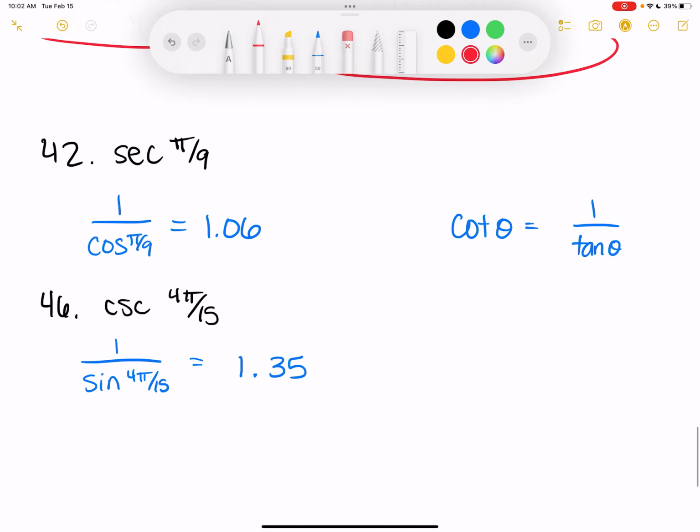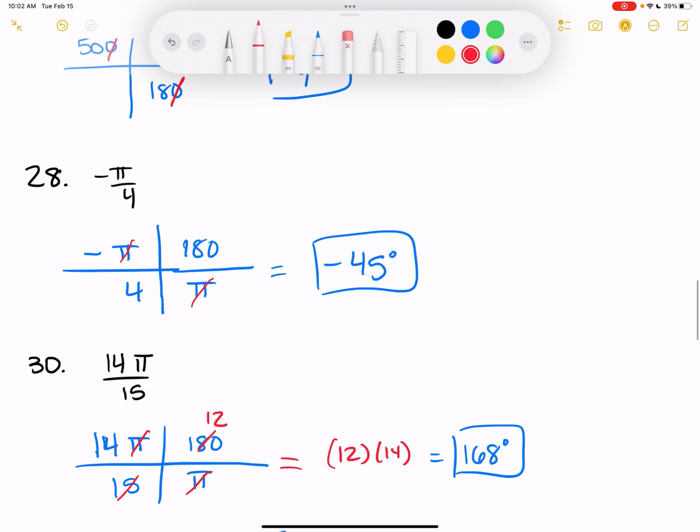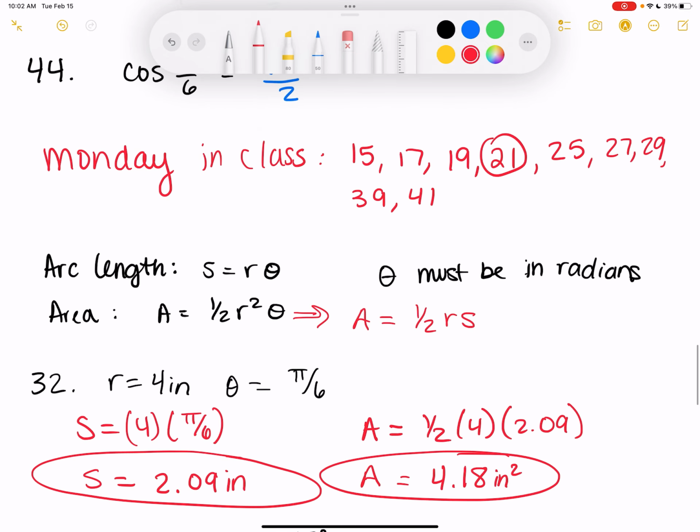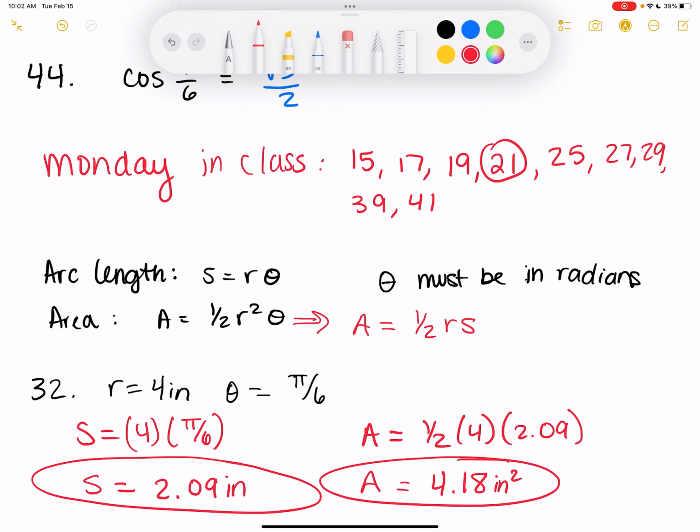Okay, so then I would like you to look at, let me see, I think I have them written down here, maybe. Where did I stop assigning problems the other day?